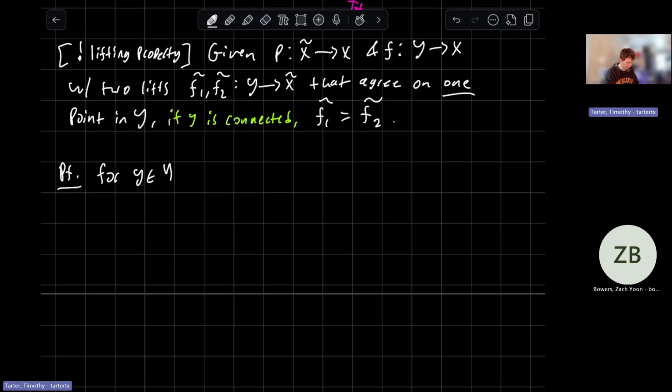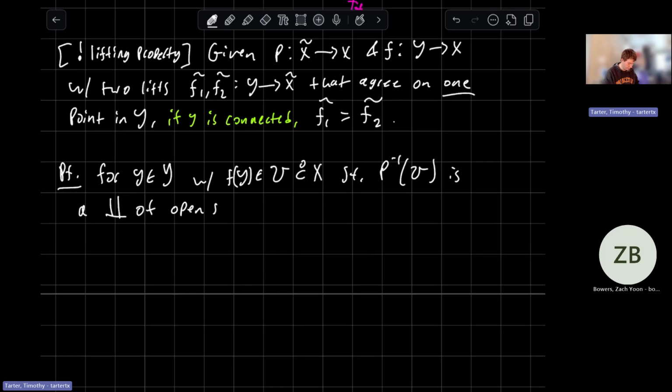So let y be in Y, and U open in X, with f(y) in U, such that p inverse of U is a coproduct of open sets, each mapped to U by p.